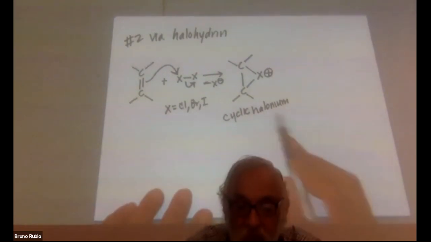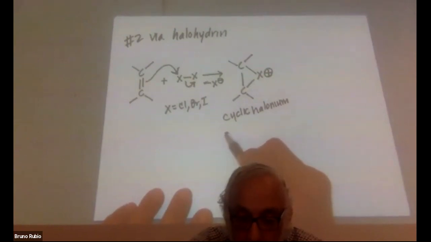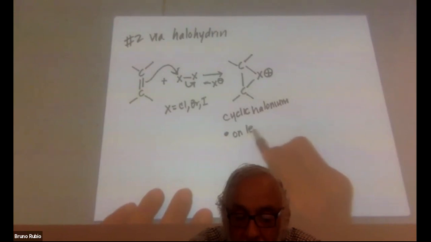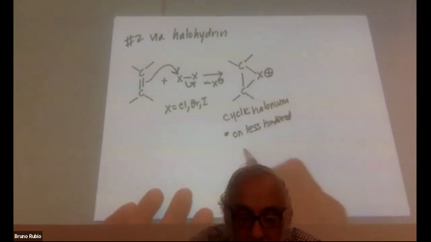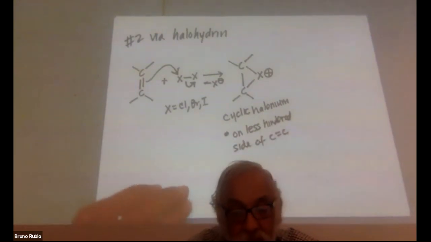So we get a cyclic halonium. Bullet point: on the less hindered side of the original alkene.